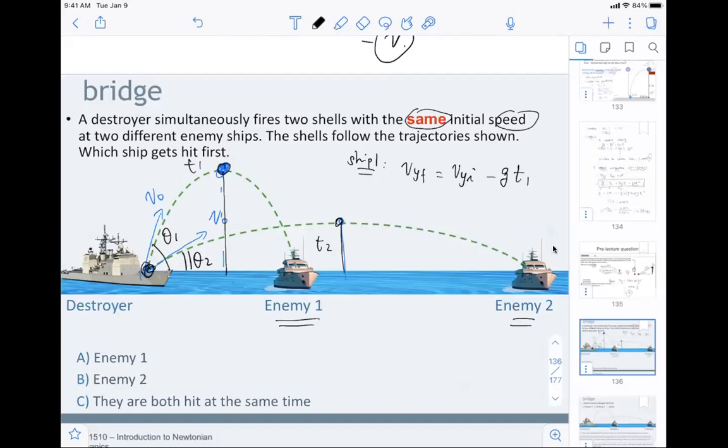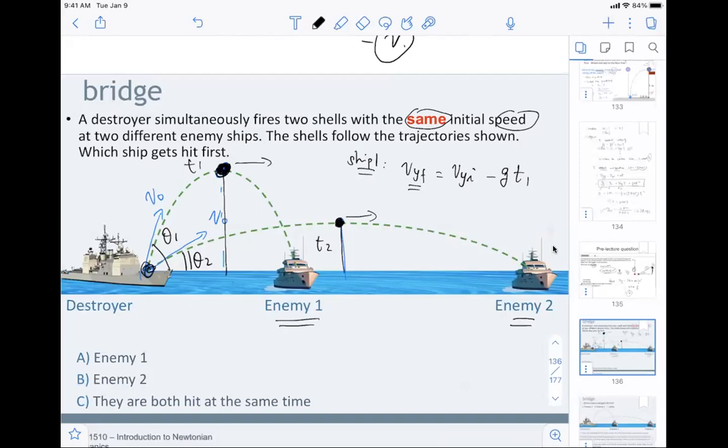Okay, so at the highest point, what is your final velocity for the y direction? If you just simply throw it upward, it reaches the highest point, then goes down. So at the highest point, your y velocity is 0.